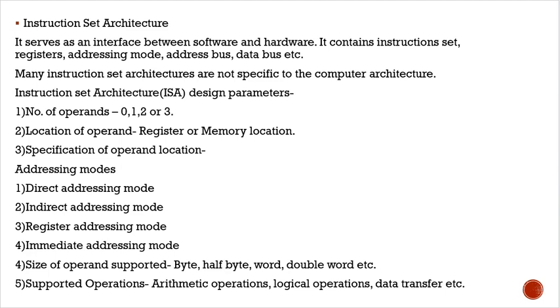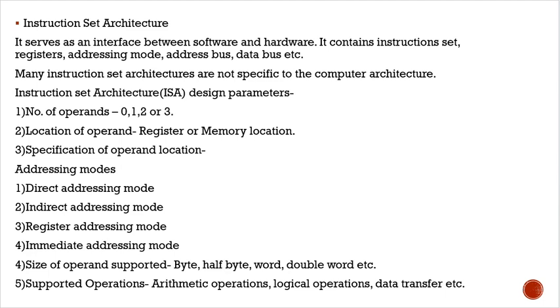First, number of operands, whether the operands are 0, 1, 2 or 3. Then the location of operand, whether the location of operand is register or memory. Then the specifications of operand location, like addressing modes.